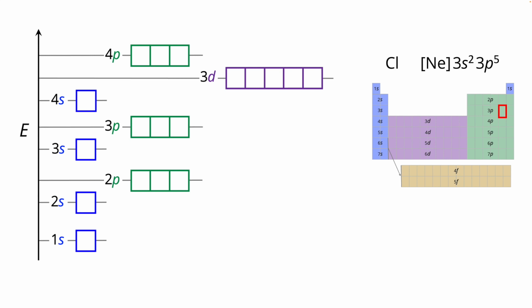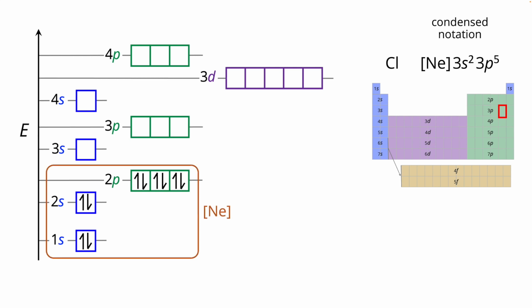So instead of writing out 1s2, 2s2, 2p6, we represent those inner shell or core electrons by the neon symbol in brackets. And we'll do this with orbital diagrams as well. So the electrons now are going to fill in 1s2, 2s2, 2p6. That corresponds to neon, so we'll use this condensed notation.